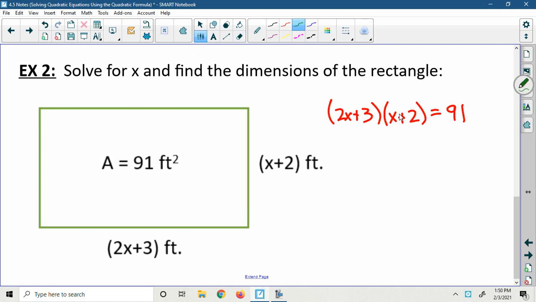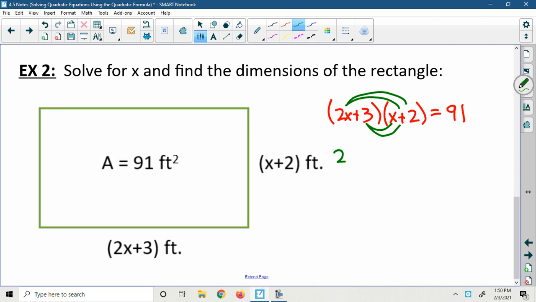So I made the kids in class think for a few minutes, and eventually somebody got this idea going that maybe we should multiply these together, do our FOIL method, and then we can subtract this 91 over to the left side, and then it will equal 0.